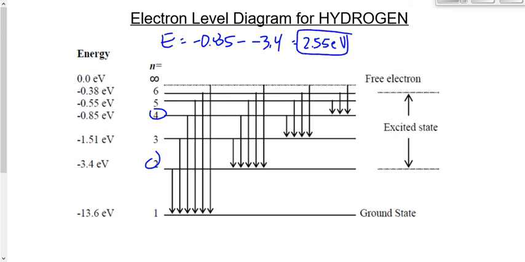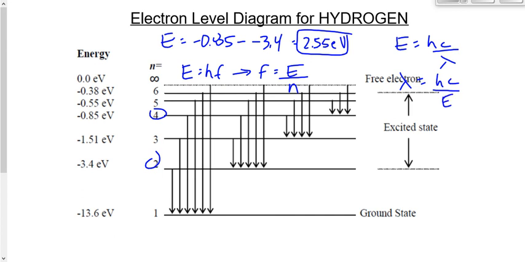Now, if I want to find the frequency, all I'm going to do is say E is equal to H times F. And if I want to find the wavelength, I'm going to say E is equal to HC over lambda, or lambda is equal to HC over E. I'm not sure what we get there for numbers, but pretty easy to figure out at this point, right? Make sure you use the right Planck's constant.